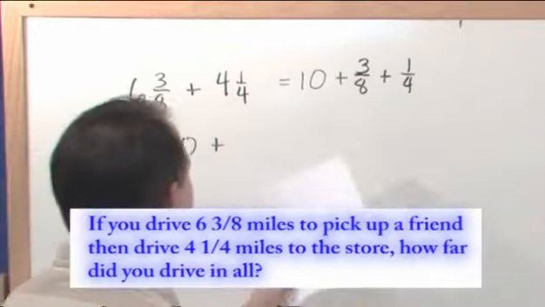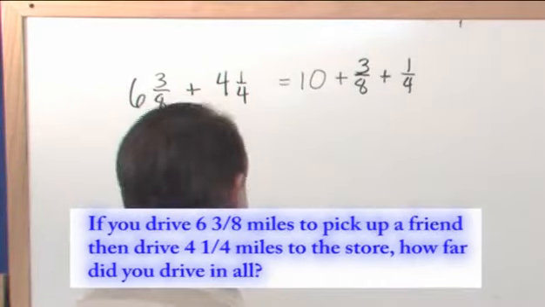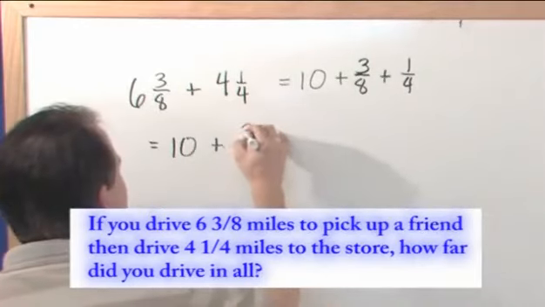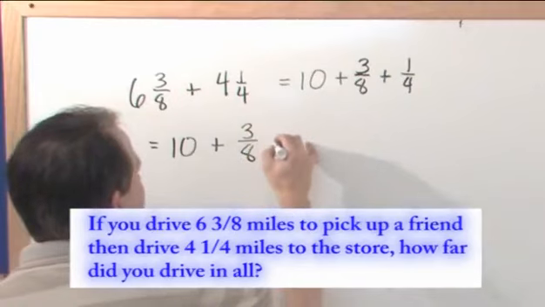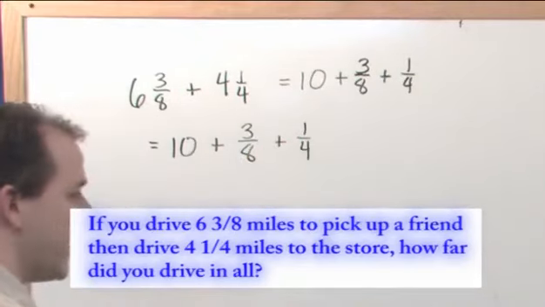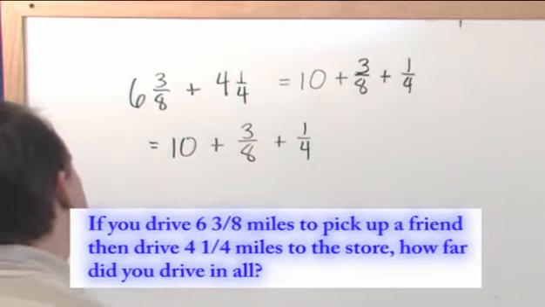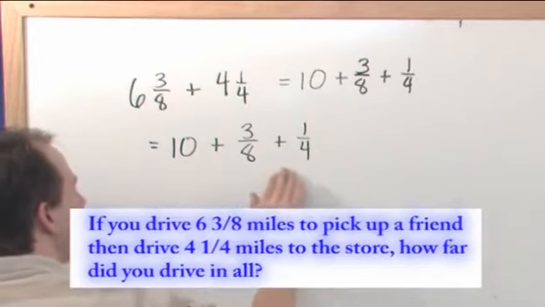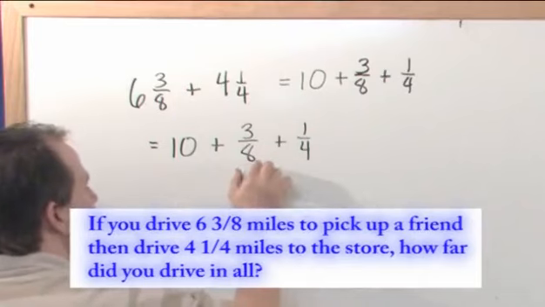Well, we already said you have to have the bottom numbers the same, and they're not the same. So I need to make them the same. In order to do that, I need to change one or both of these fractions to have the bottom number the same.